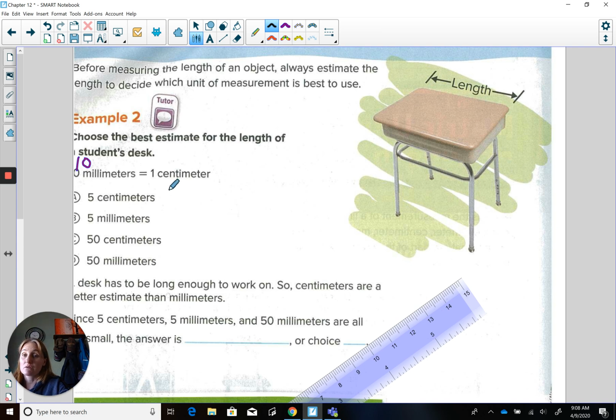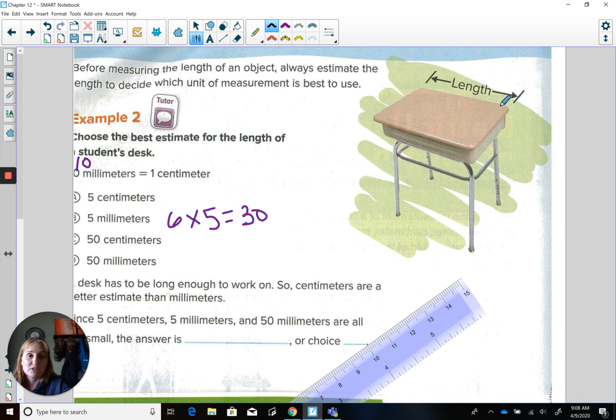5 centimeters or 5 millimeters, which would be like taking those notebook pages, and truly 30 notebook pages. 30 pages.